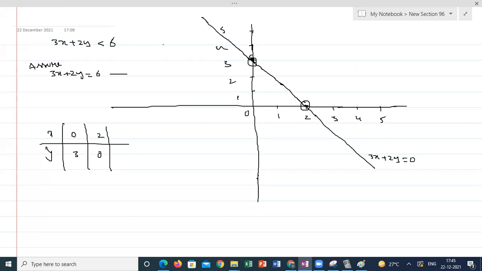Less than 6 means the points lying on this line are not valid for this statement. So the points that lie on the line are not the solution set.